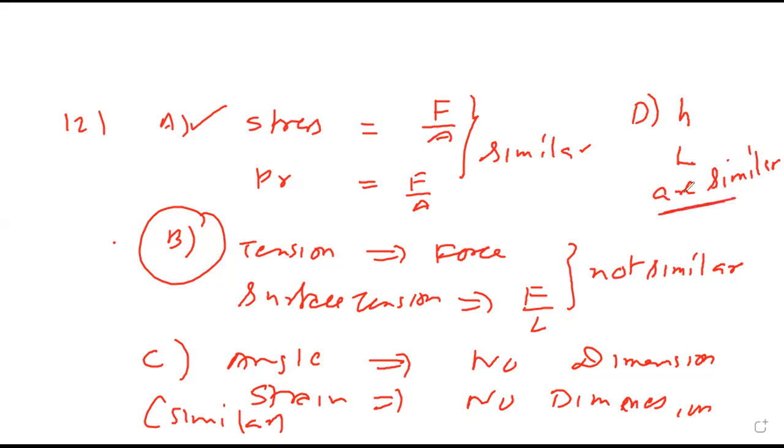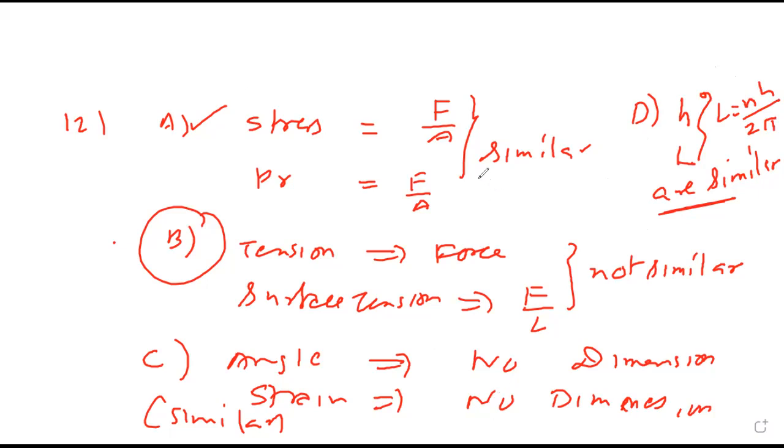At the start of the lecture, I explained that L is mvr, and H is energy upon frequency, and it is also given by one formula which I told: L is nh upon 2 pi, but you don't remember so many things. H and L, Planck's constant and angular momentum, are similar, related by this formula. So B is our answer.